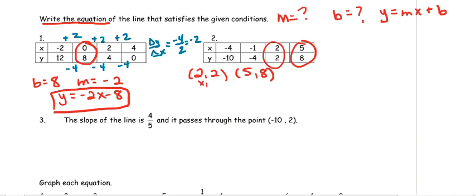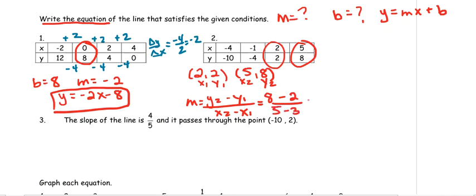So this can be your x1, y1, your x2, y2. So it's going to be m is equal to y2 minus y1 over x2 minus x1. And again, this is not the only way you can do it. I just happen to be picking this way. 8 minus 2, 5 minus 3 gives you 6 over 2, and that gives you 3.